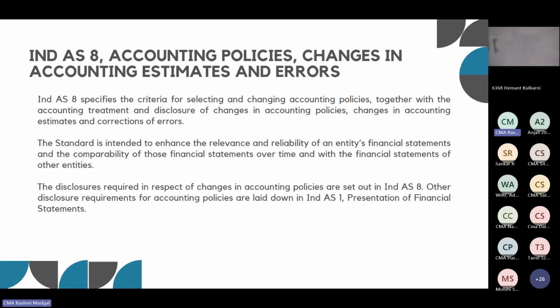So you have to tell that I was using this accounting policy and I am changing from that to this. And if I am changing to this policy, what will be the impact on my financial statements? Why am I changing it? So you have to disclose changes in accounting policy, changes in accounting estimates, and correction of errors.